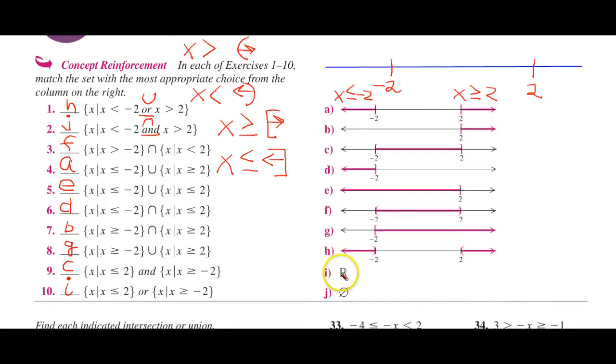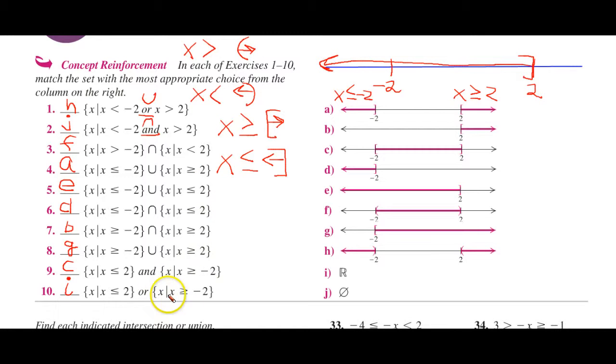Now in letter I, which is this last one, if we were to graph this, it would be x is less than or equal to 2. That would be a bracket, and a line then going this way.